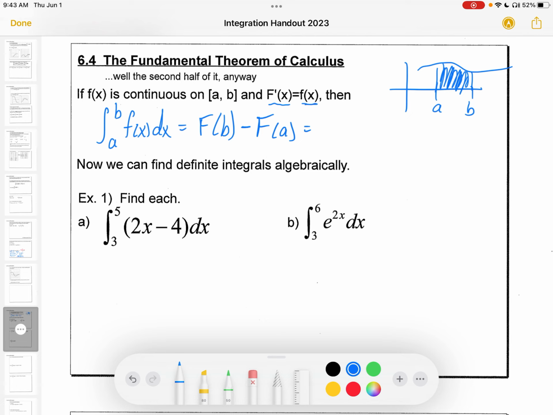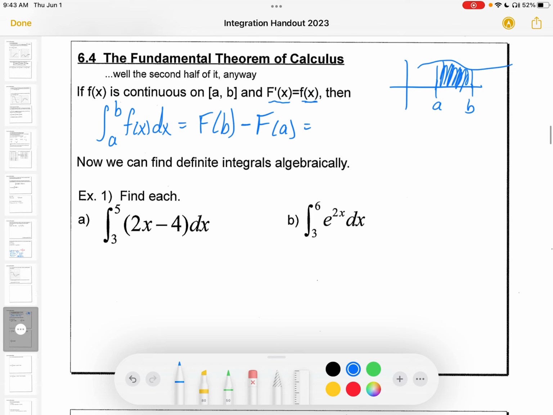So it turns out that differential calculus and integral calculus, finding slope and finding area, are just two sides of the same coin. That's kind of the fundamental punchline of calculus. Sometimes people write this f of b minus f of a thing as big F of x just from a to b. So let's actually find some of these integrals.